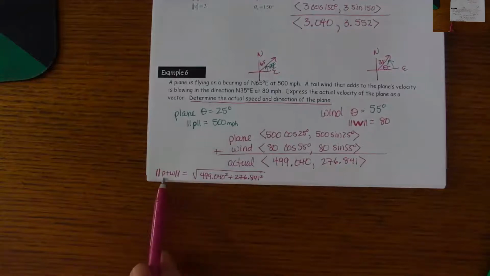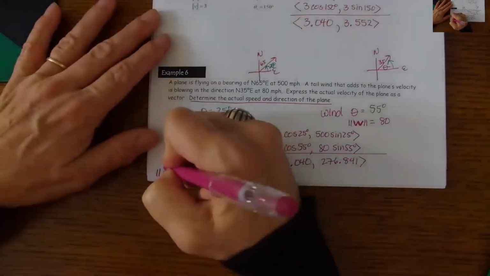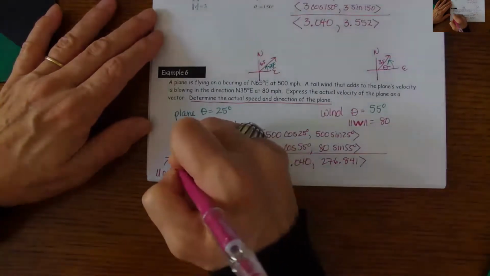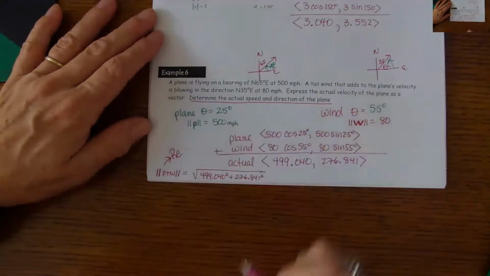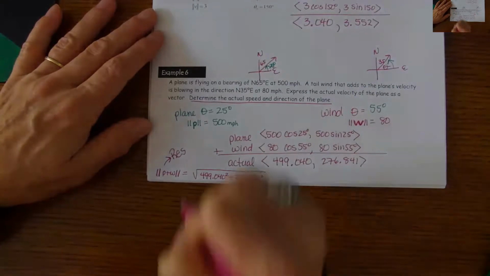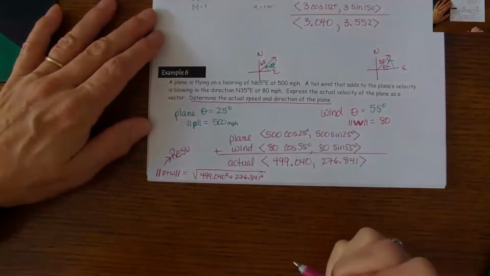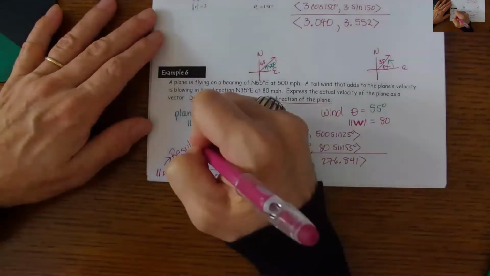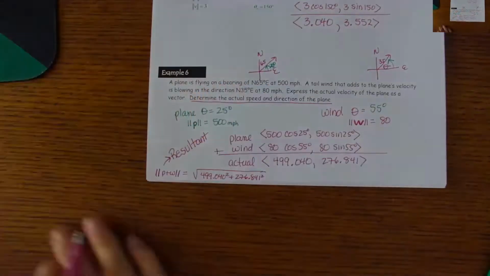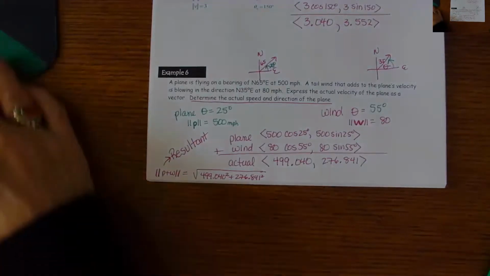Does anyone know what that's called when you take two forces and you add them together? Do you remember from physics? Starts with an R. It's called your resultant, right?